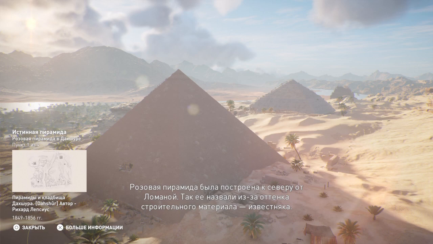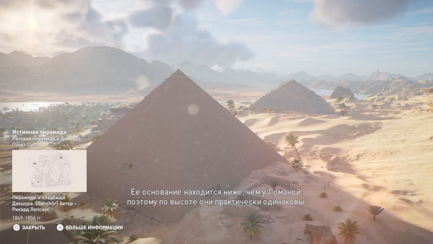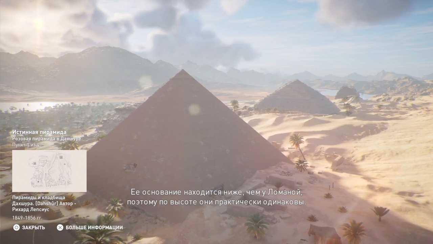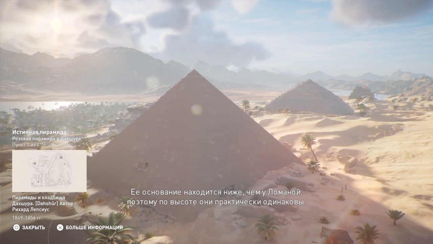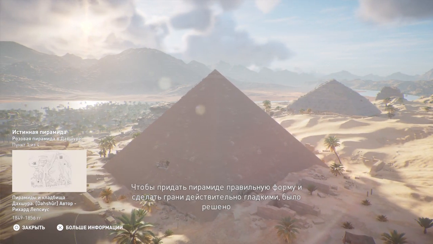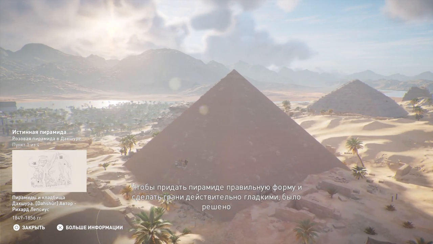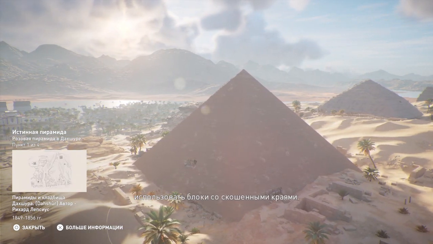It was so named due to the reddish limestone used in its construction. The Red Pyramid reached a height of 105 meters. While the ground level of the Red Pyramid is lower than that of the Bent Pyramid, its height is virtually the same. The task of making the pyramid a geometrical, true flat-face pyramid brought about yet another new design concept: the use of casing blocks.